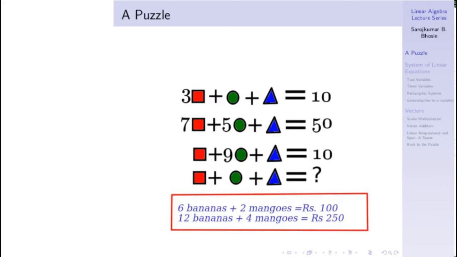If you look at these two equations carefully, there is no way we can solve them, because if 6 bananas and 2 mangoes cost 100 rupees, then 12 bananas and 4 mangoes should cost 200 rupees, and what is given is 250 rupees. It means that the equations don't agree with each other, or they are not consistent. So this is what is meant by inconsistency of the system. We'll see in detail what inconsistency of a system is and how it affects the solution.